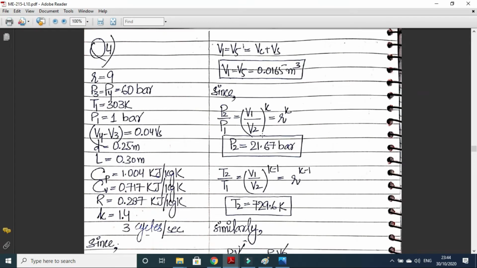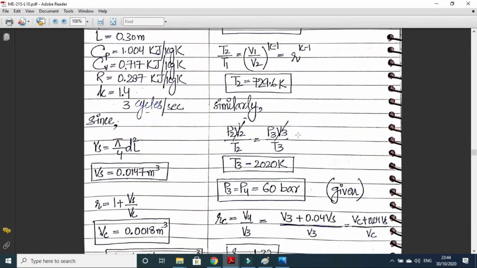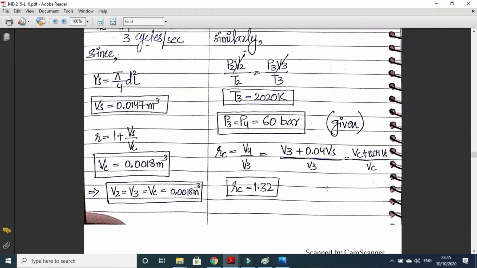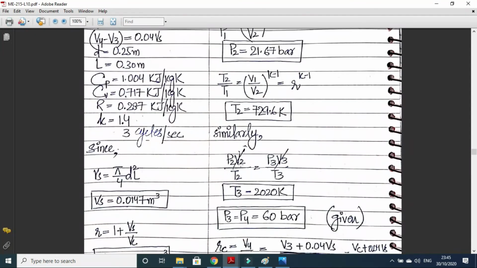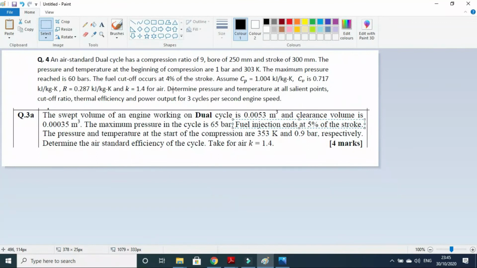Now we can use the isentropic relations to calculate P2 and T2, and the ideal gas relation to calculate T3. P3 is equal to P4, given. Cutoff ratio will be found with the help of the statement that the fuel cutoff takes place at 4% of the stroke.